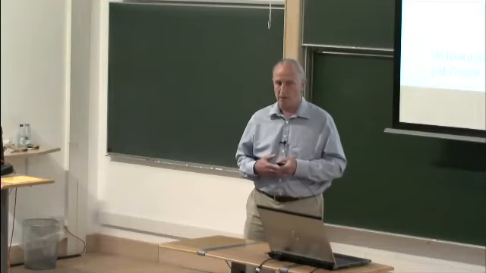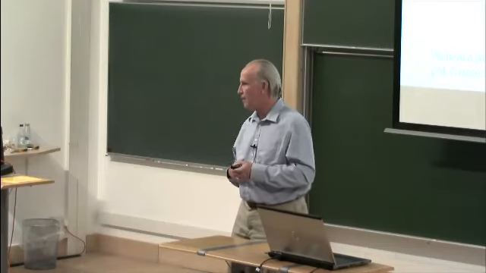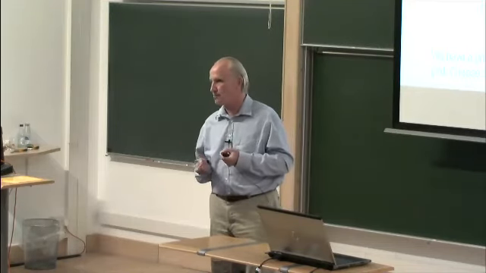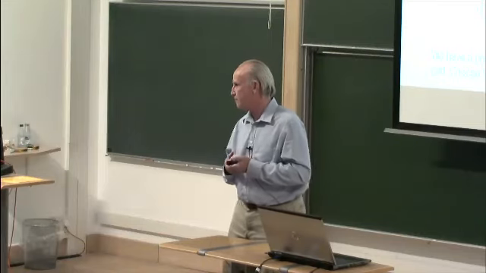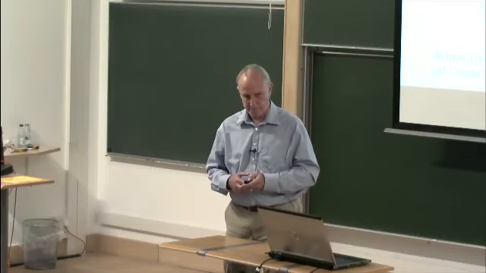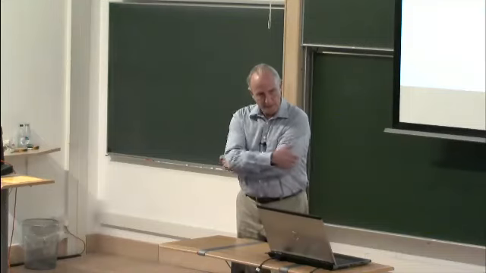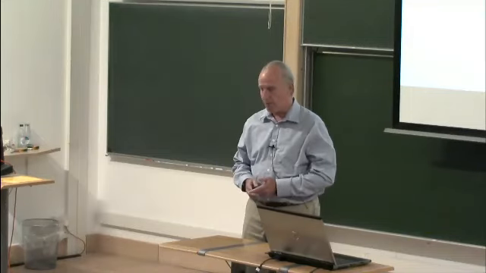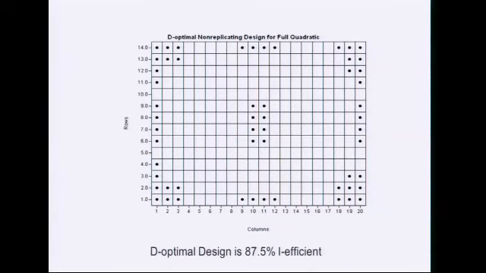And so how would we assign the 56 plots in order to get the most information given a quadratic model? So here's the D-optimal non-replicating design for the full quadratic.